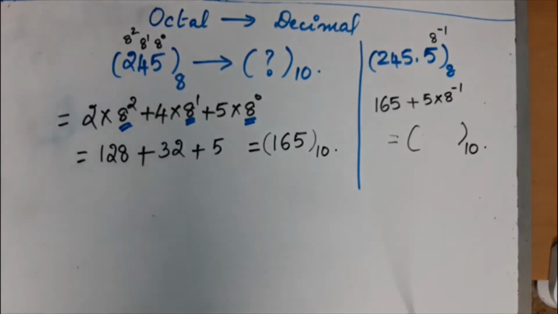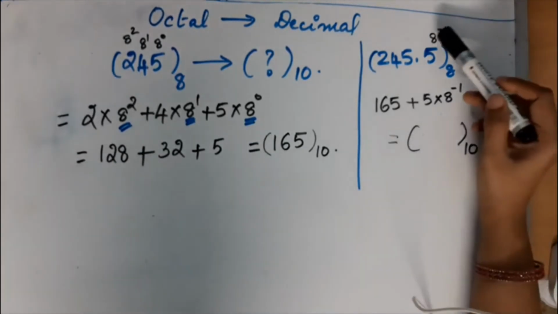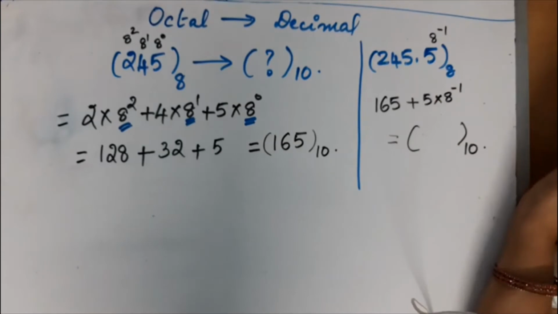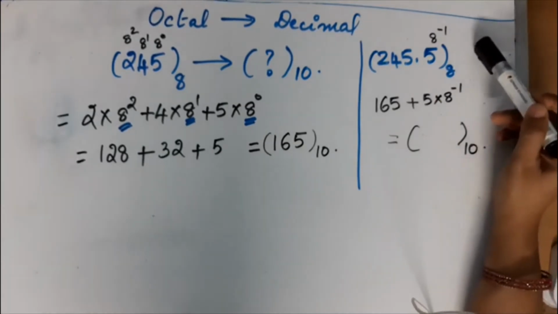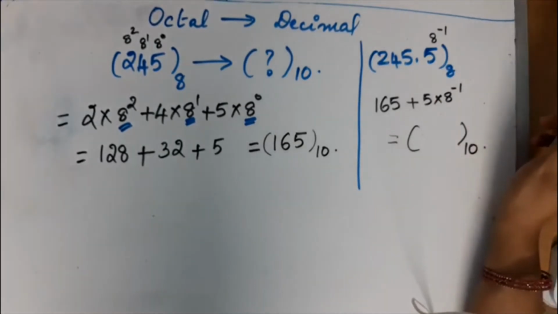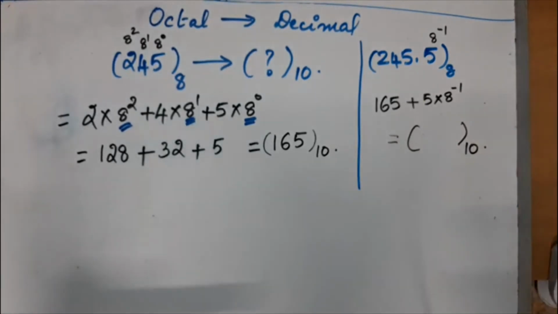Likewise, in the case of hexadecimal, it will be 16 raised to minus 1, 16 raised to minus 2, 16 raised to minus 3, etc. Okay. So, the basic principle of all the conversions from decimal to a number system and a number system to decimal, both are the same, only the base will change.